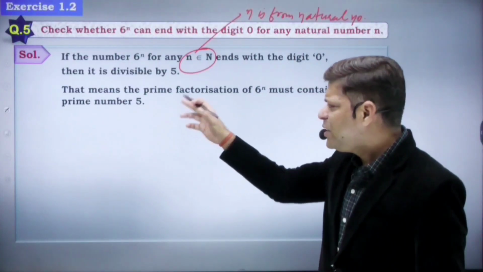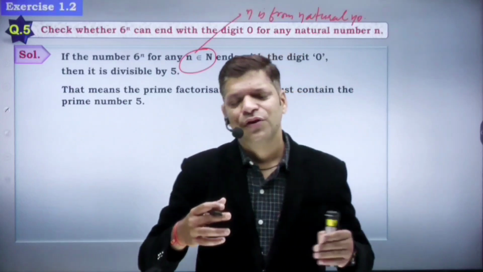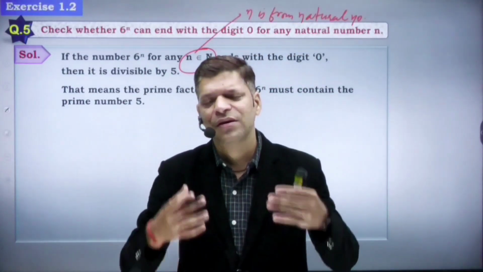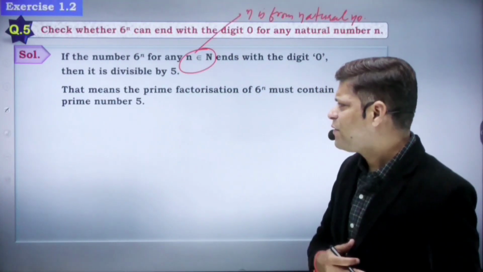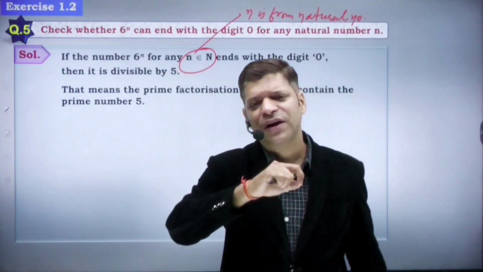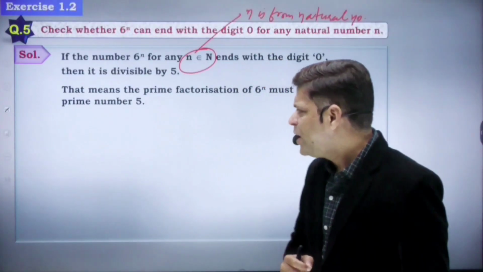The meaning is that when 6 power n is divisible by 5, there should be the prime factor 5 in the prime factorization of 6 power n. That is, in the prime factorization of 6 power n there should be 5 as one of the prime factors.